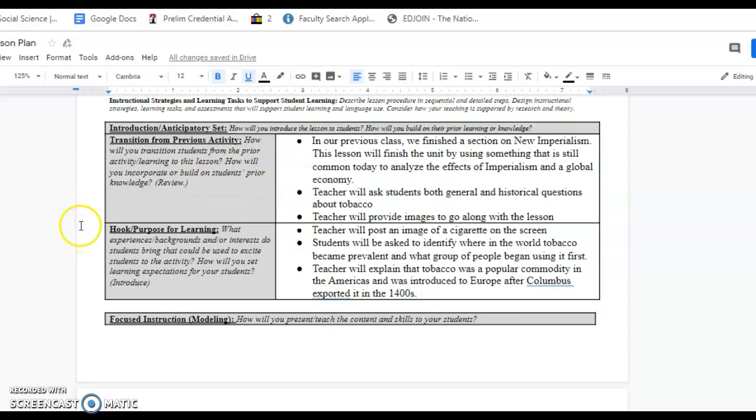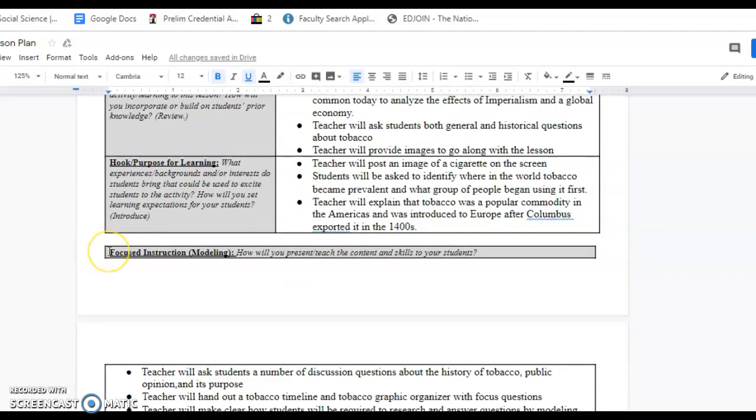And basically, just to build off of this lesson, we're going to start off with the hook, talking about cigarettes, and have an image of a cigarette on the screen just to get them to answer questions about where they think tobacco originated and where it was prevalent, who used it the most, what were its purposes, and eventually how it became so popular after it was introduced by Columbus during the 1400s.